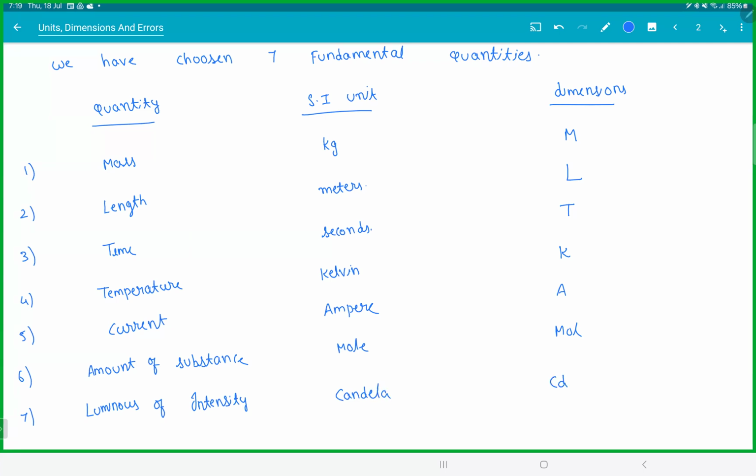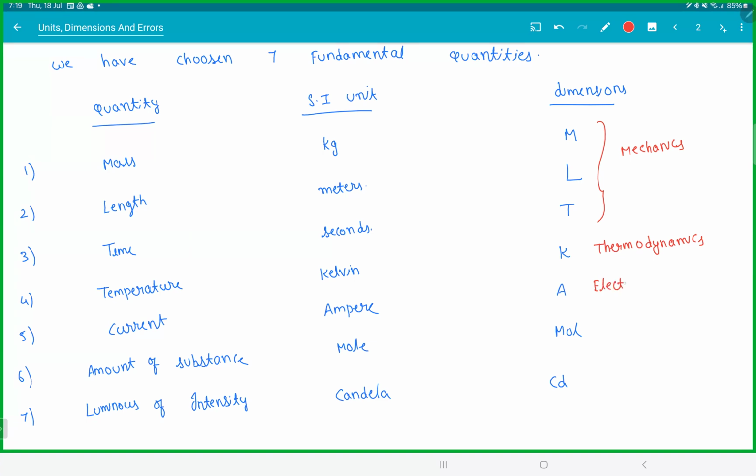If you look at these quantities, the first three are mostly mechanics related. So initially people thought you could define everything with these three. Then people got stuck when it came to thermodynamics. You can't explain temperature with mass, length, and time. And this is electromagnetism.